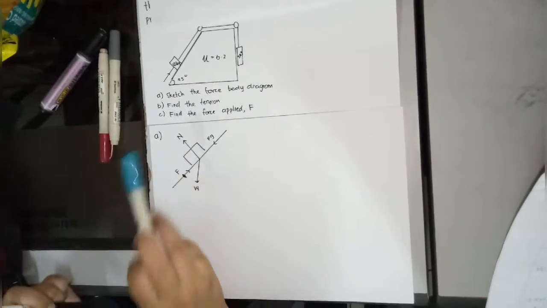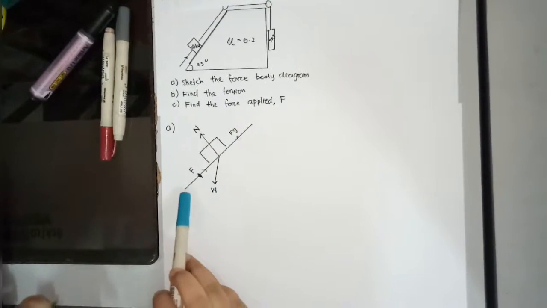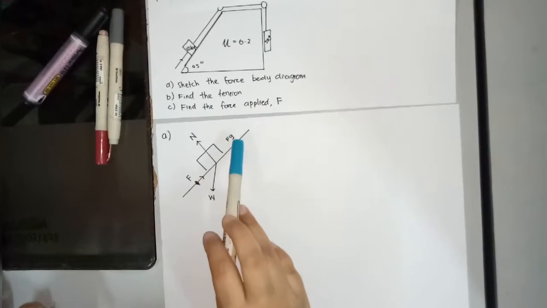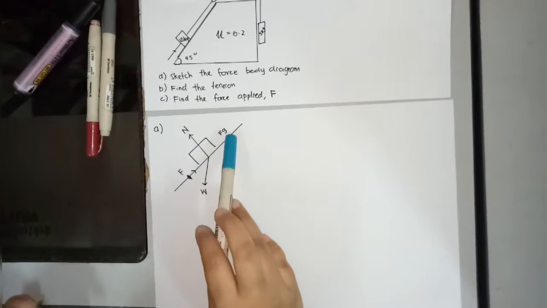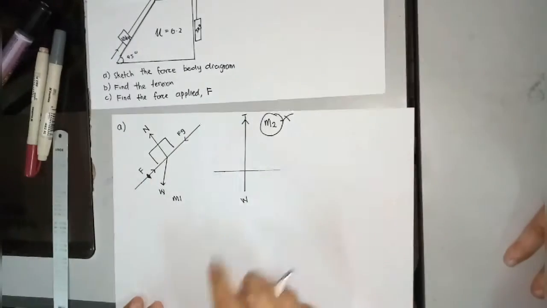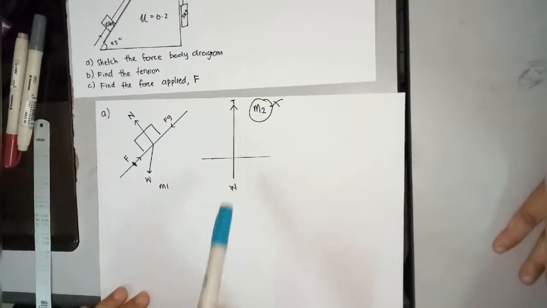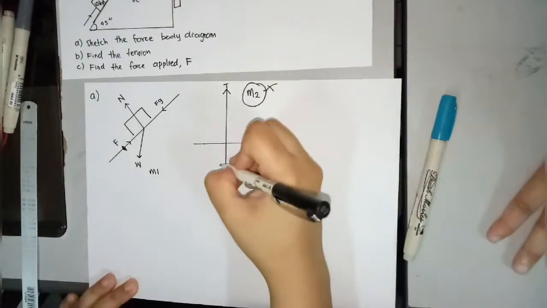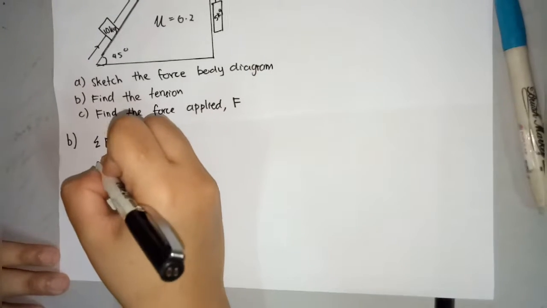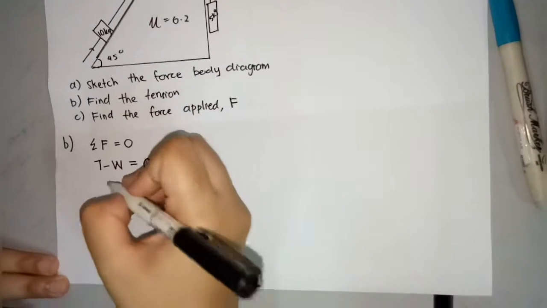N is upwards and W is downwards. Force is to the right. Tension is also to the right. Friction and force are opposite, so friction is to the left. For the mass 2, tension is upwards and weight is downwards. Equal to 0, which is T minus W equals 0.